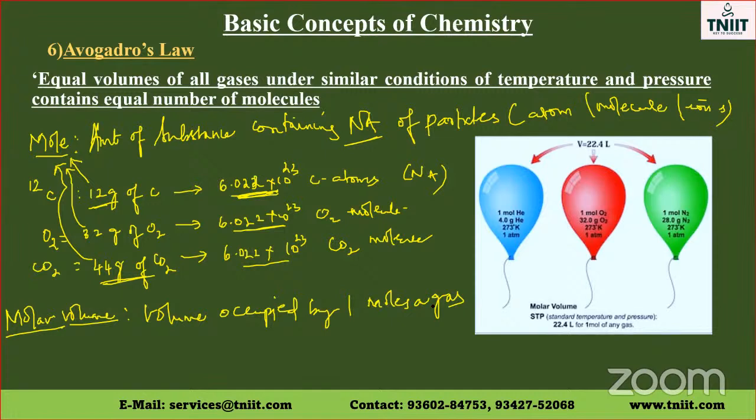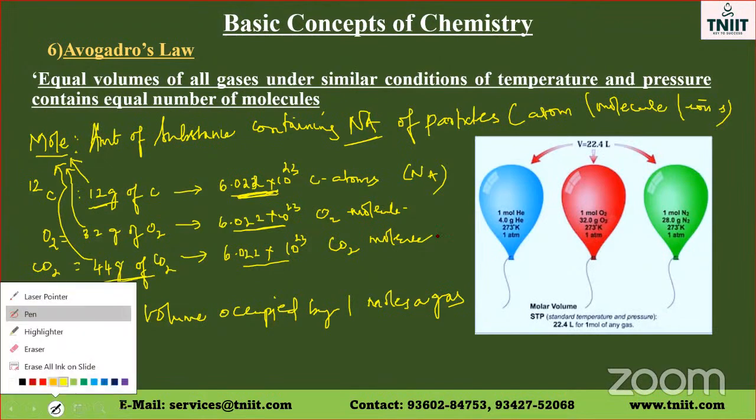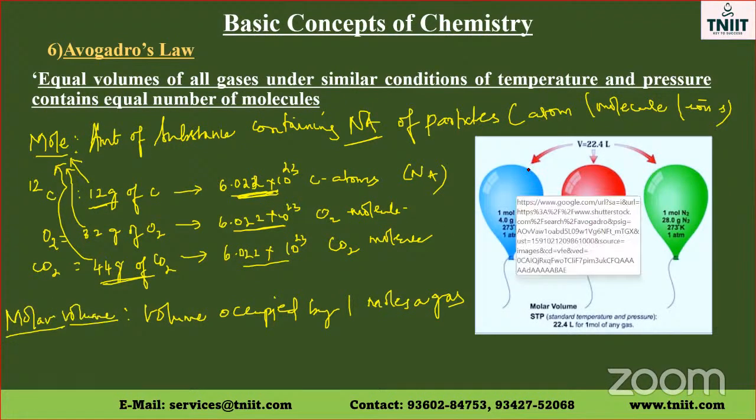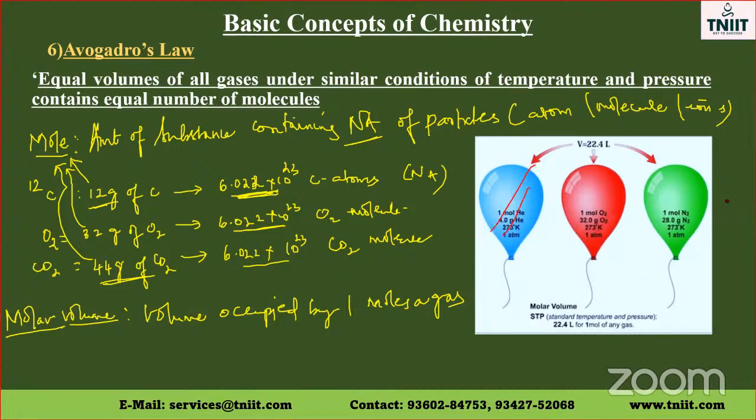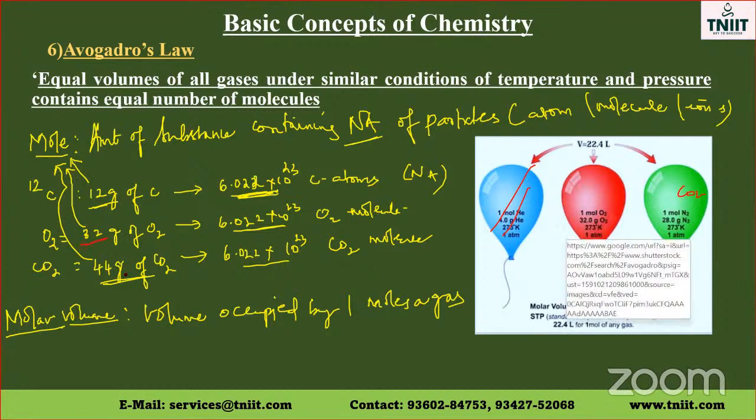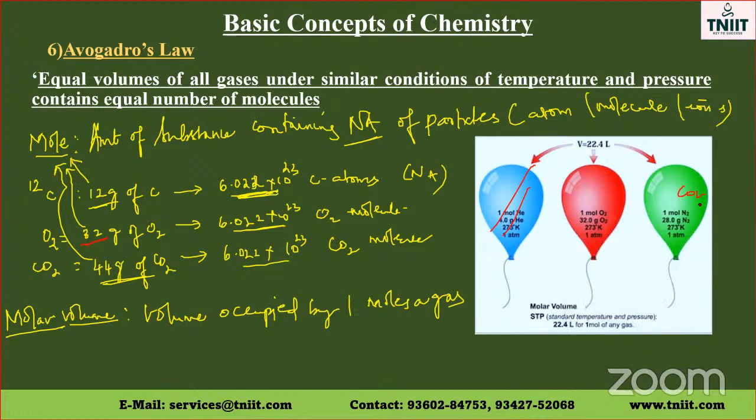Now, here they've taken helium, oxygen and nitrogen. We will not take those; we will take oxygen and carbon dioxide for our understanding, so we'll ignore this one. We have taken 32 grams of oxygen and filled it in a balloon at STP, standard temperature and pressure. And we have taken 1 mole of carbon dioxide, that is 44 grams.